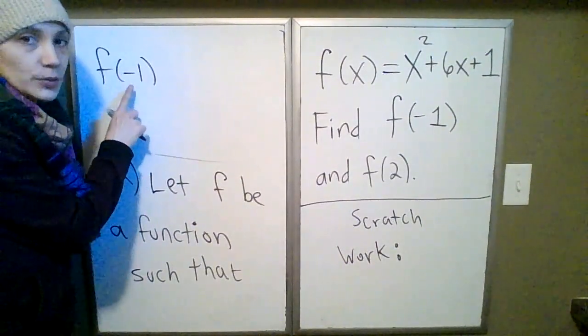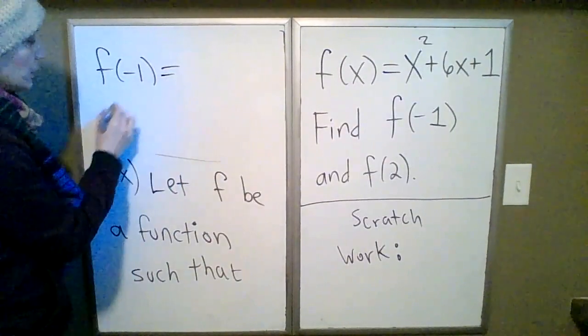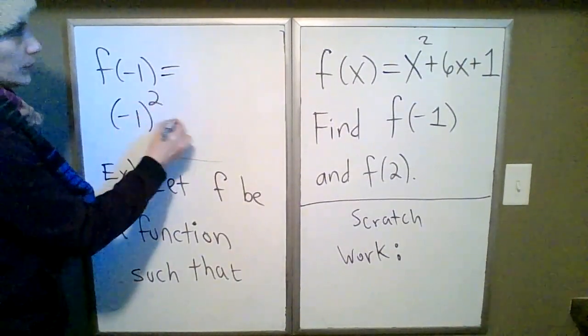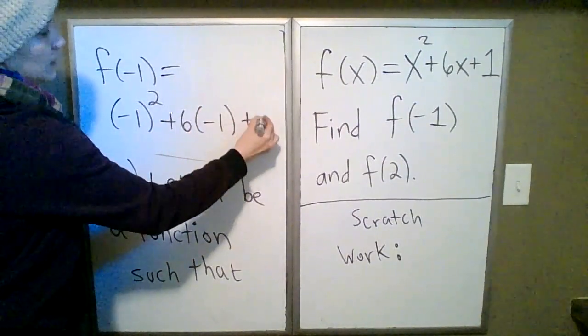So you input x equal to -1. And you get out -1 squared. We're going to add 6 times -1 and then add 1.